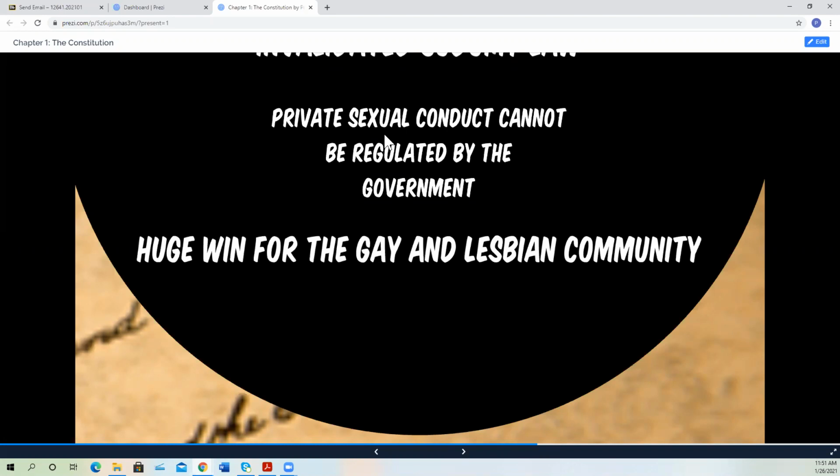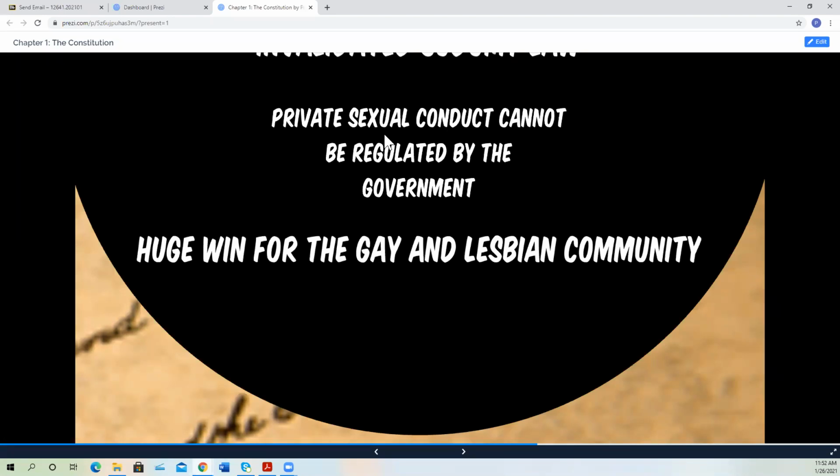What is the difference there? Well, the difference is, besides it being a minor, that now the government has a compelling reason. They didn't have a compelling reason to stop two adults from having sex, but they certainly have a compelling reason to stop adults from having sexual intercourse with minors who can't make that judgment yet.